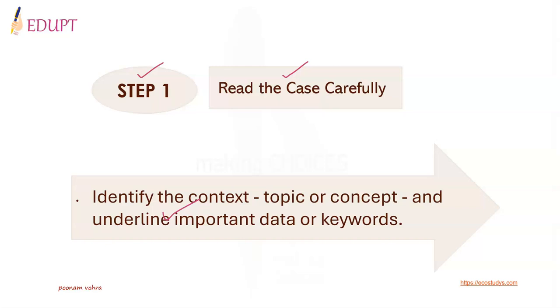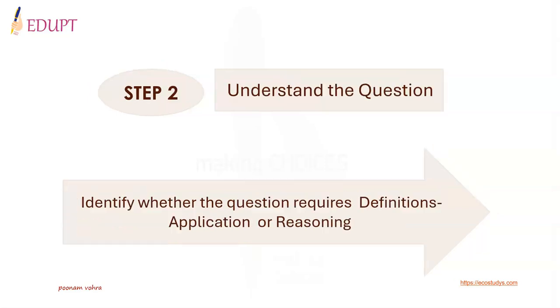For example, there may be a case given about agricultural reforms and it might mention terms like minimum support price, subsidies, or crop diversification. Underline such concepts or keywords. Step 2. Understand the question. Read the accompanying questions and instructions thoroughly.